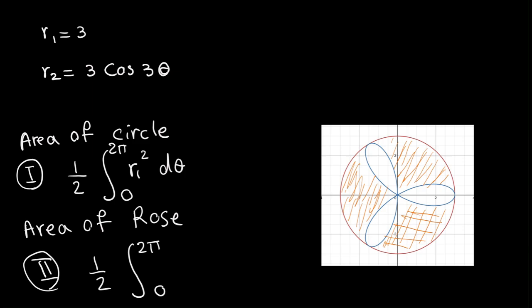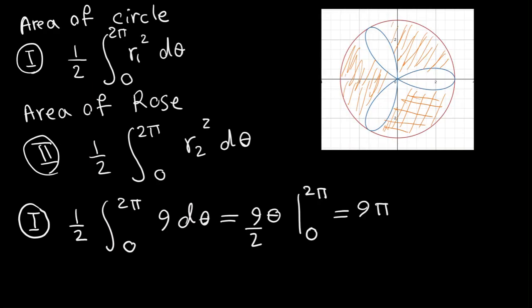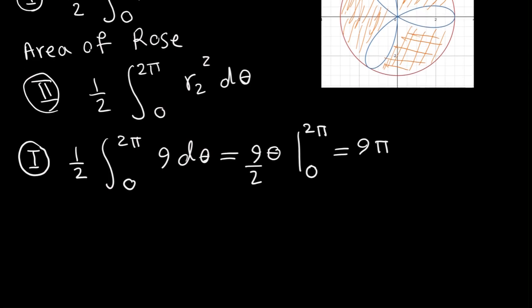Now let's calculate 1 and 2 separately, and then find the difference between these two. So the area of the circle is 1/2 integral from 0 to 2 pi of 9 d theta. It's 9 pi.